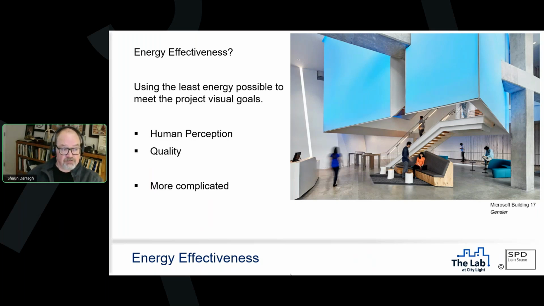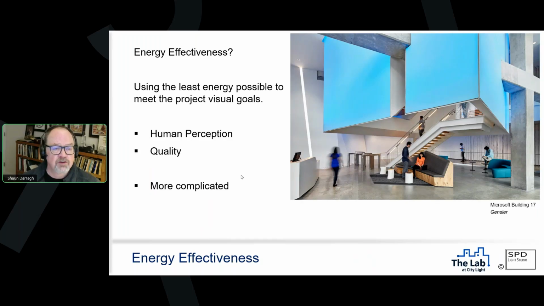Now, to be fair, it also, from a distance, acts as a civic beacon and draws attention into the building. But the point is to improve the experience of the space while doing it as energy efficiently as we possibly can, right?